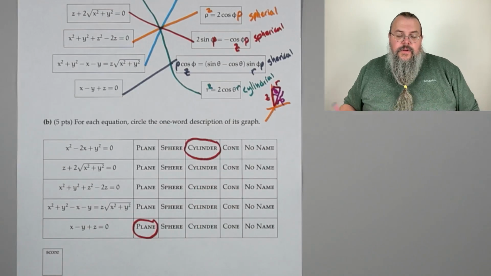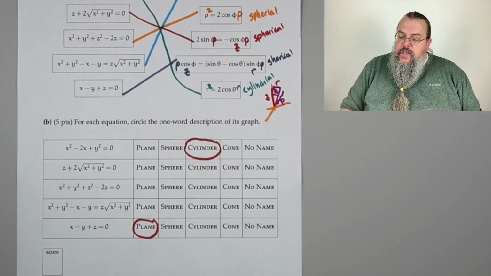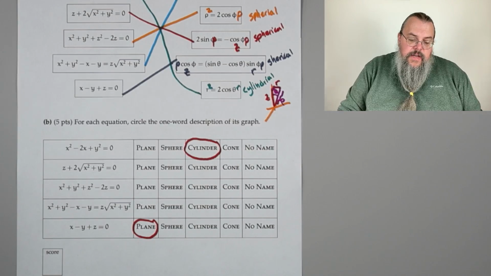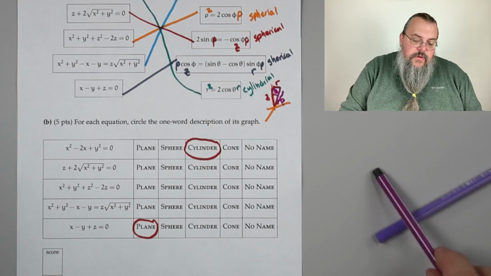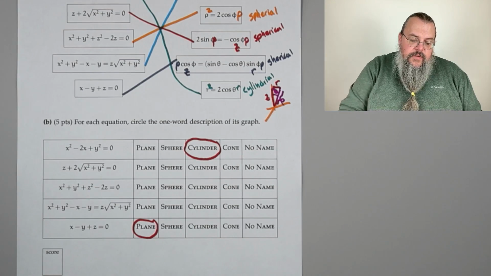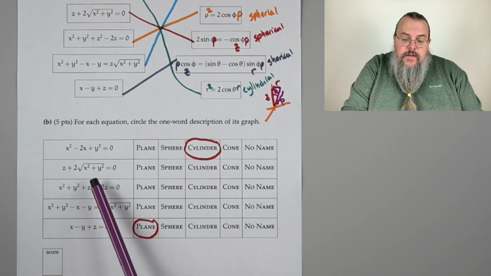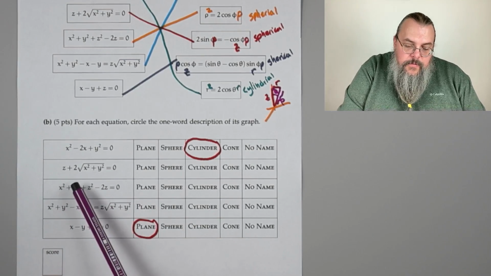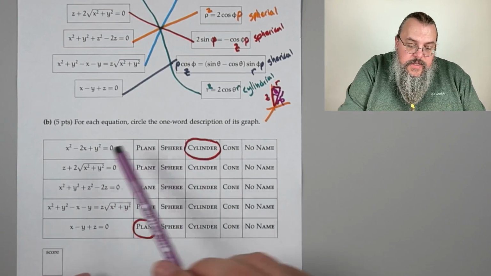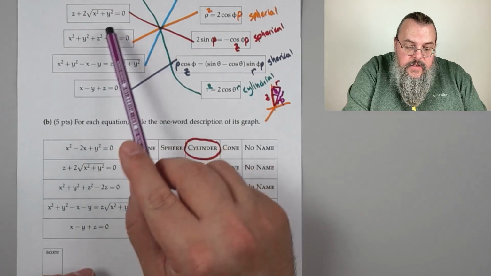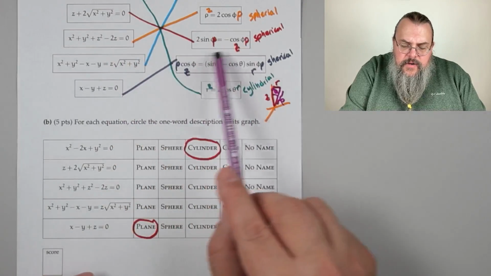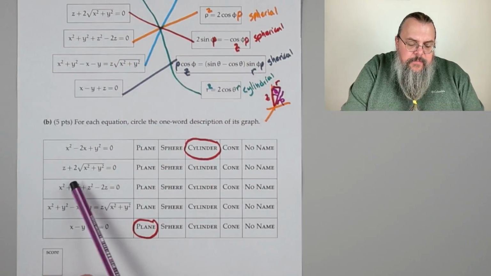We've gone through 2 pretty quickly. Now here we have z plus 2 times the square root of x squared plus y squared. Now what's that? Well, if you look at the formula, you can actually come back here, right? Let's see, which one? Oh, it's a little bit hard to see what that one is, so let's talk about it.